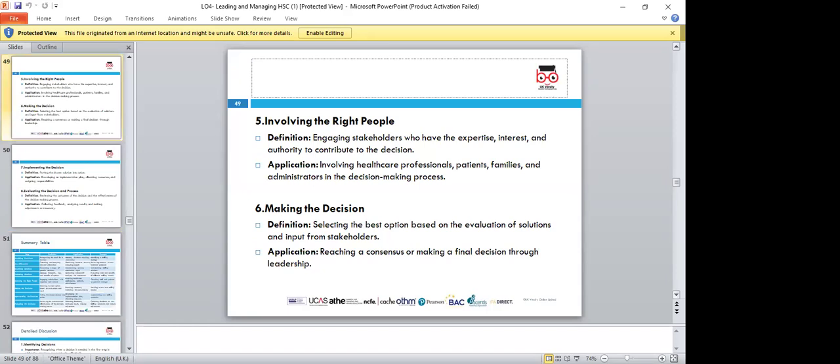Then we have involving the right people, very key. Engaging stakeholders who have expertise, interest, and authority to contribute to the decision of the care home or organization. We have already mentioned that when we talk about stakeholders, we have internal stakeholders and external stakeholders.